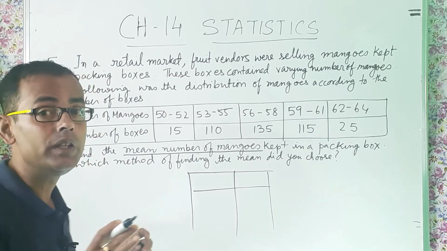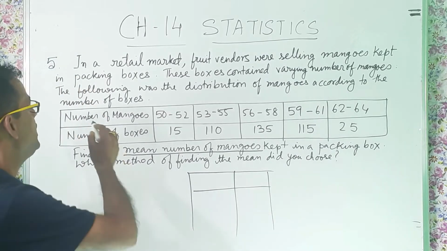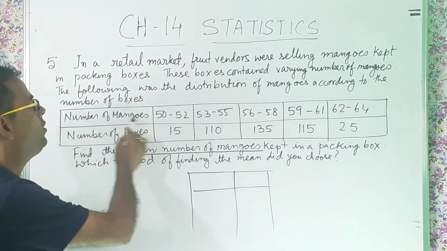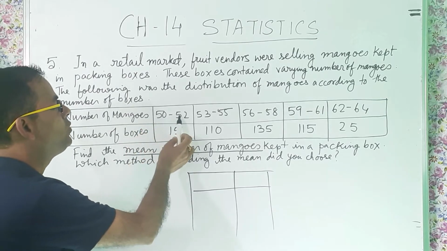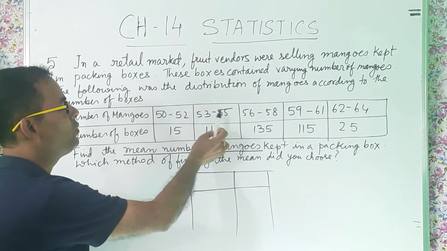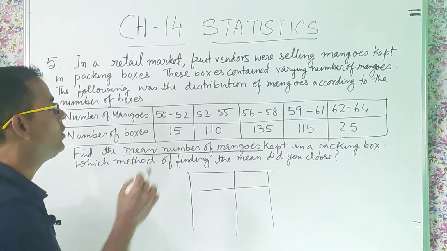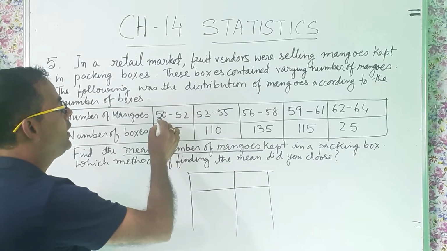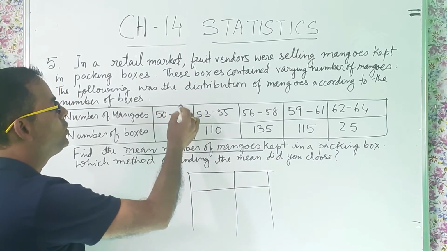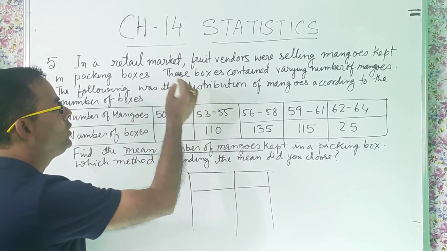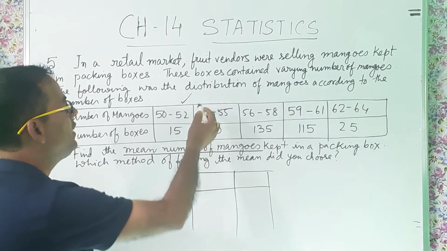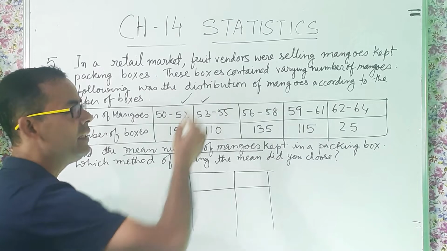How is it different? See the first row, number of mangoes 50 to 52, 53 to 55. If you look nicely, 50 to 52 finishes at 52, and again it starts here at 53.